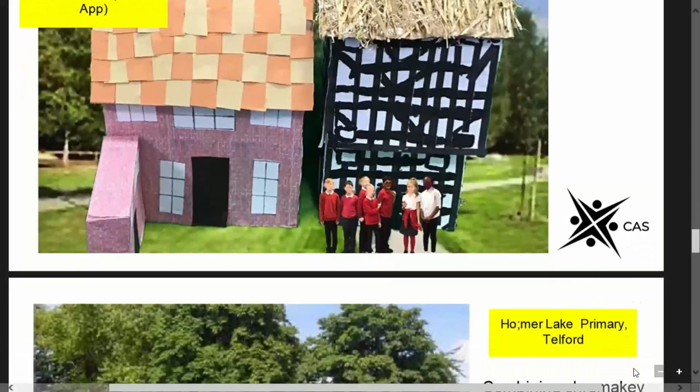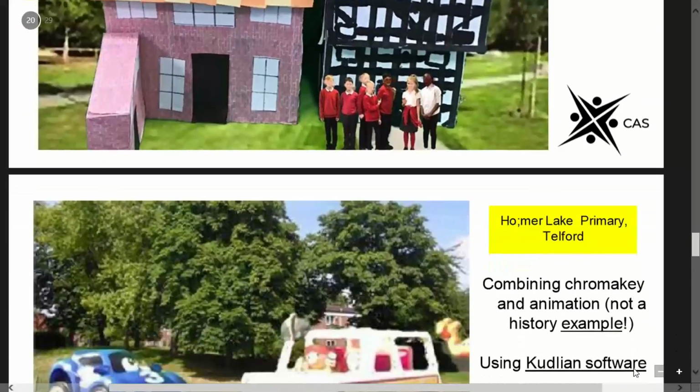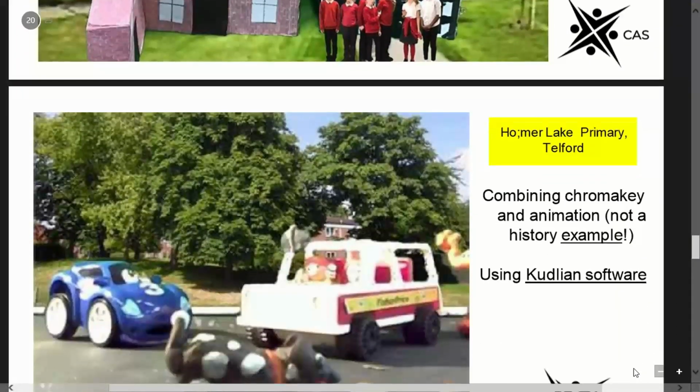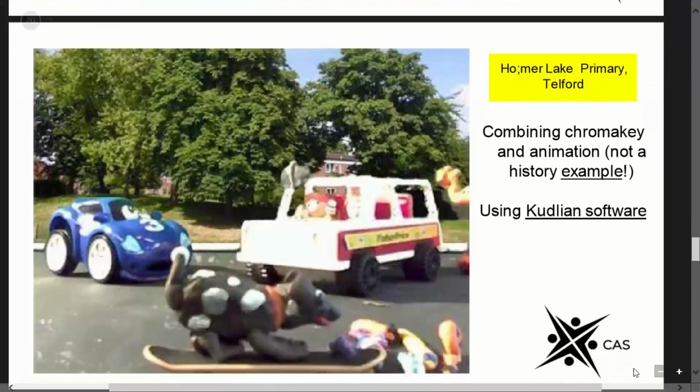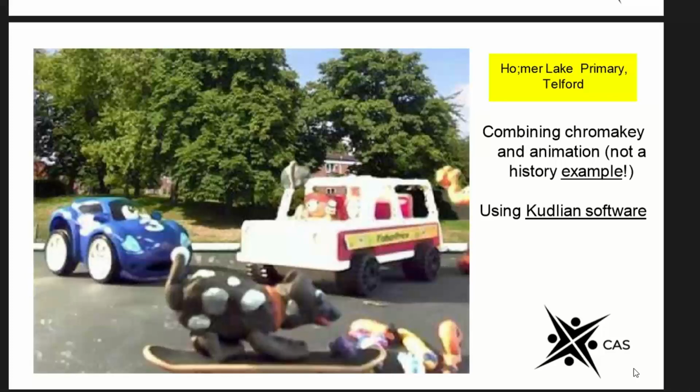So the reason I said linking up activities was this is a 3D animation using green screen in the background. This was for an RAC competition that I did for Homer Lake Primary, and I think we came second or third, but the school won £1,000.